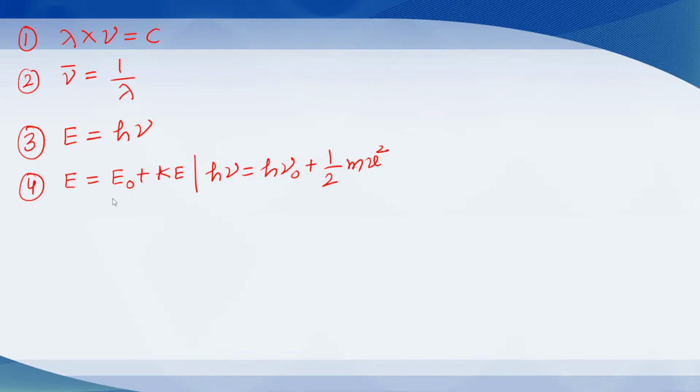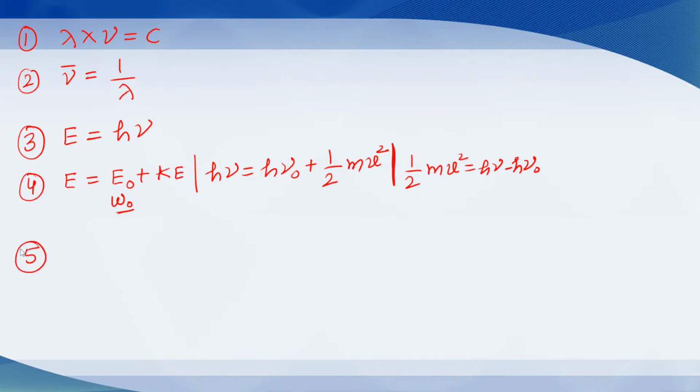Or this h nu naught can also be written as work function of the metal, W naught, or it can also be written as half m v square equal to h nu minus h nu naught.